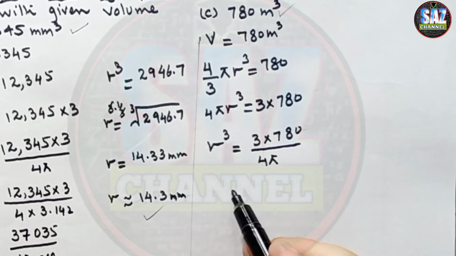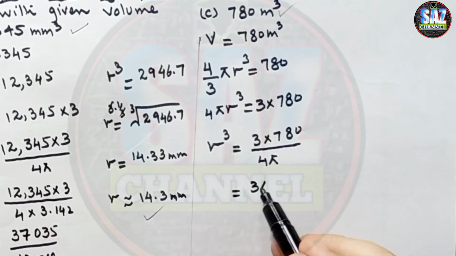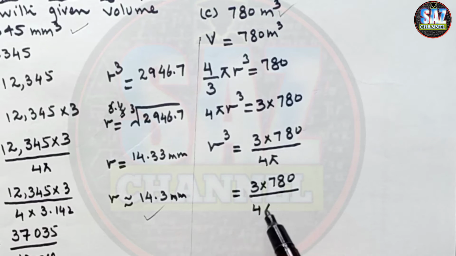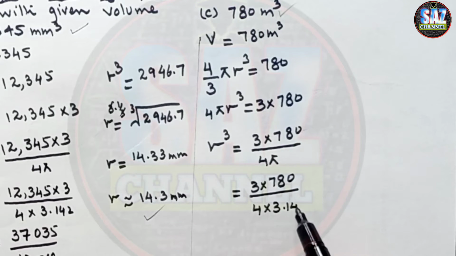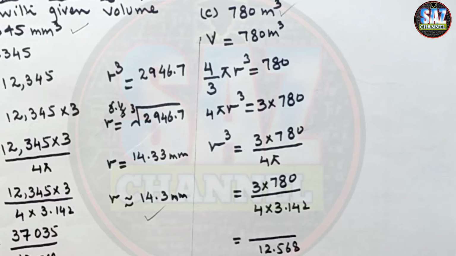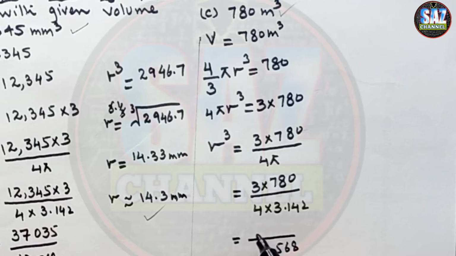Now replace the value of pi, 3 multiplied by 780 and 4 multiplied by 3.142, and 4 multiplied by 3.142 gives me 12.568. Okay, let me confirm it again. 4 multiplied by 3.142 is 12.568, and then 3 multiplied by 780, and this gives me 2340.